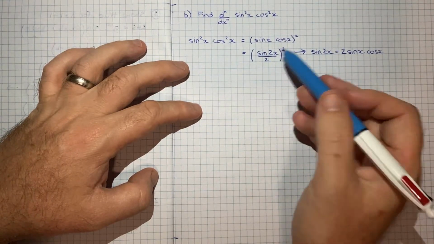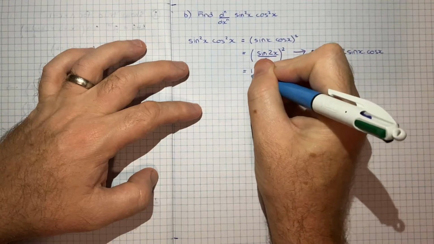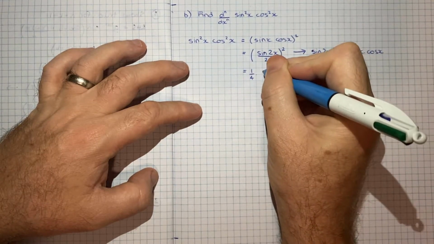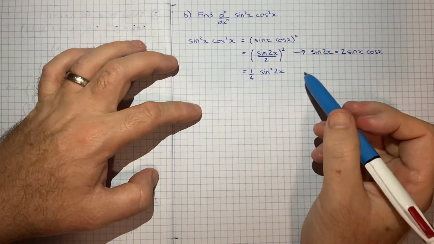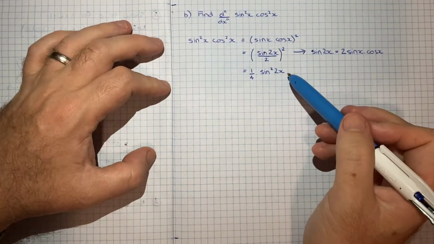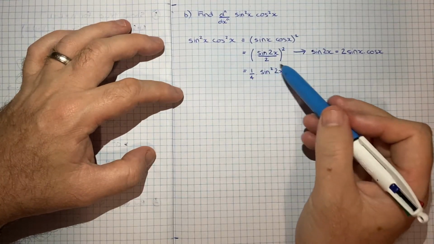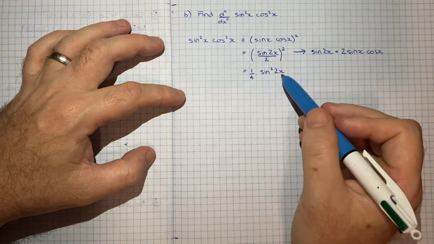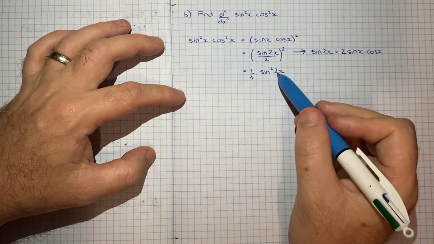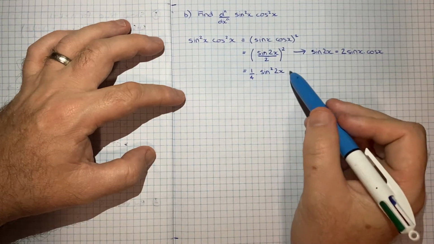So we could then square the top and bottom, and we'd end up with a quarter times sin²2x. Now at this point, the first path I went down didn't prove helpful, but I thought maybe I could use the chain rule here, because I've got a sin(ax + b), where a in this case would be 2 and b would be 0, but I've just got it squared.